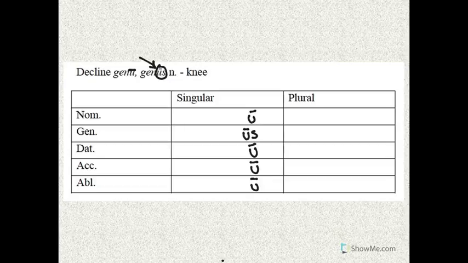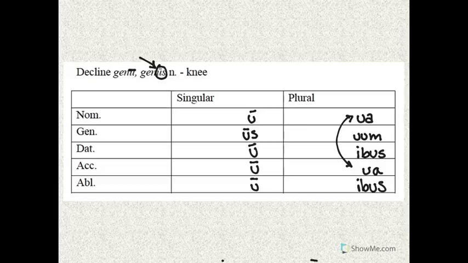In the plural, it looks a little more normal. We have ua, then we have um, which is familiar to you from the masculine and feminine. Then we have ibus, that's also familiar. We have ua again, because these two forms, the nominative and accusative, need to be identical. And then we have ibus. Okay.